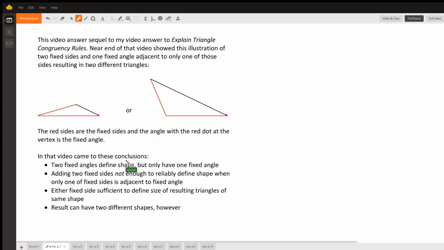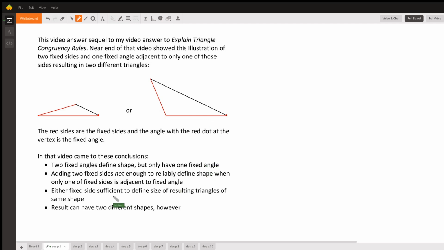The two fixed angles define the shape, but in this case, we only have one fixed angle. Adding two fixed sides is not enough to reliably define the shape when only one of the fixed sides is adjacent to the fixed angle.